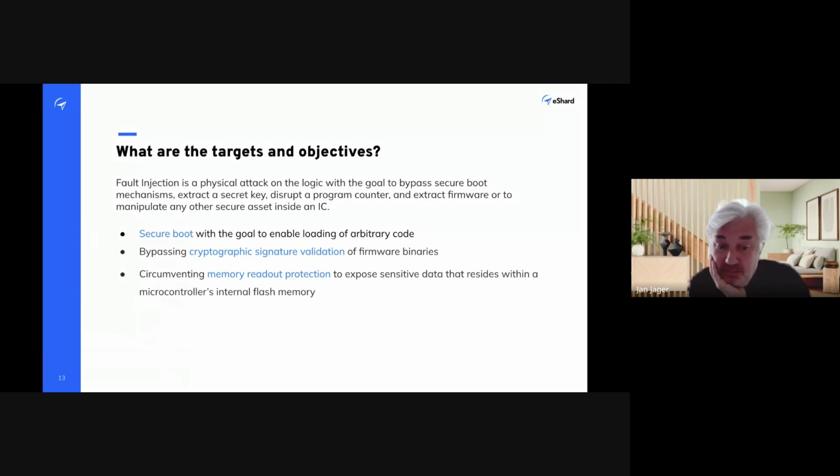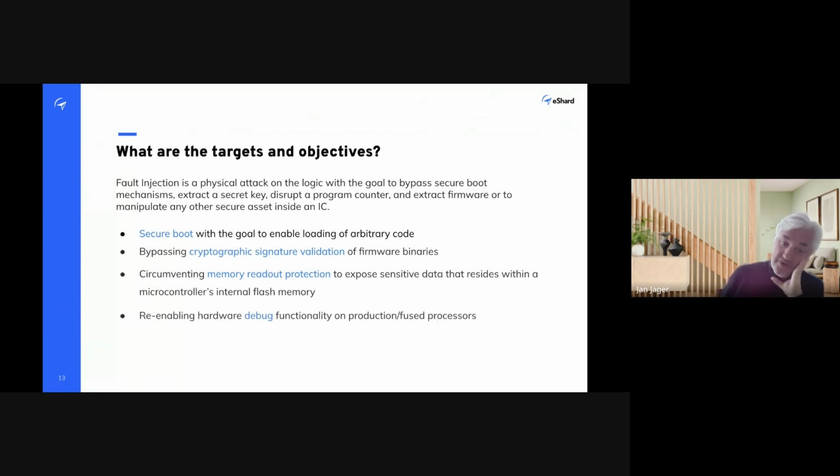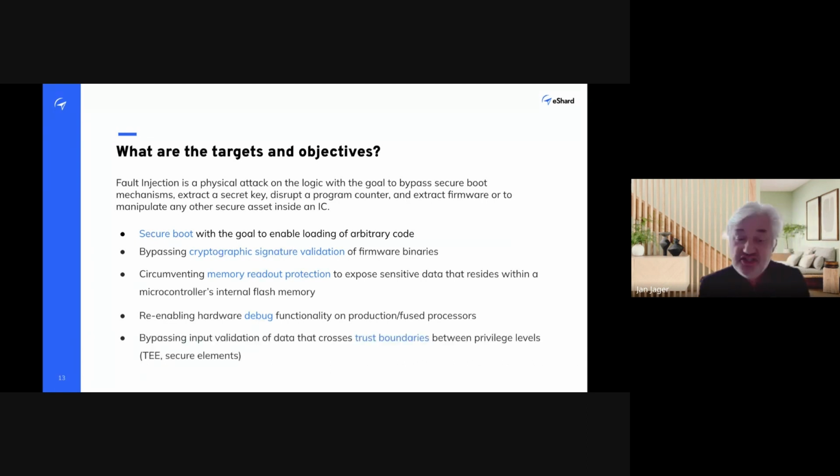Furthermore, circumventing memory readout protection to expose sensitive data that resides within a microcontroller's internal flash memory is something that you could achieve with fault injection. Or re-enabling hardware debug functionality of systems where the debug functionality has been disabled in production, but you can switch it back on using fault injection. And of course, bypassing input validation of data, and especially crossing trust boundaries.